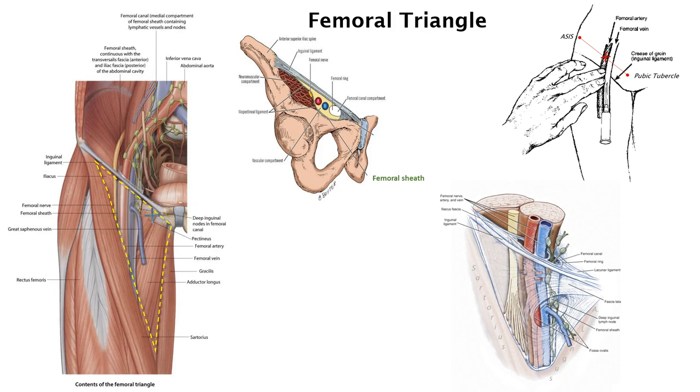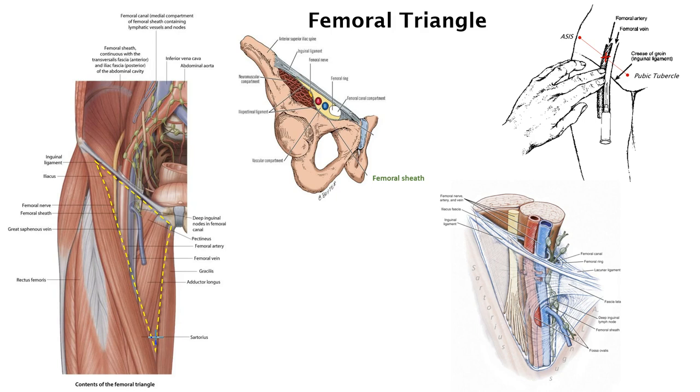That muscle is technically part of the medial compartment of the thigh, which we'll also see in a minute, as well as, again, the adductor longus muscle, serving as the floor. The apex of the triangle, down in this region, will be continuous with what's called the adductor canal that ultimately opens up into the popliteal fossa in the back of the thigh. We'll see that in a couple videos from now.